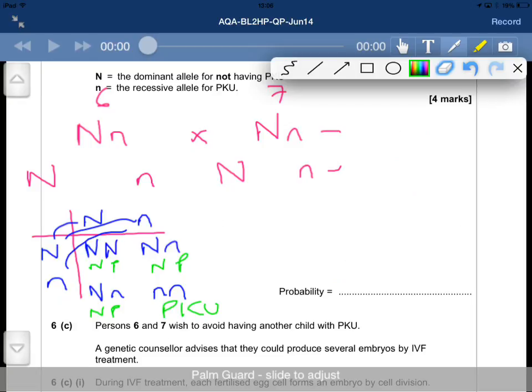So the most important one to learn is the one that we did though, and that is the heterozygous cross, for example, Bb times Bb, or Nn times Nn, or it could be tall and short, big T, small t. All of these always go to a 3-to-1 ratio, which is a 75% to 25% chance. All of them.